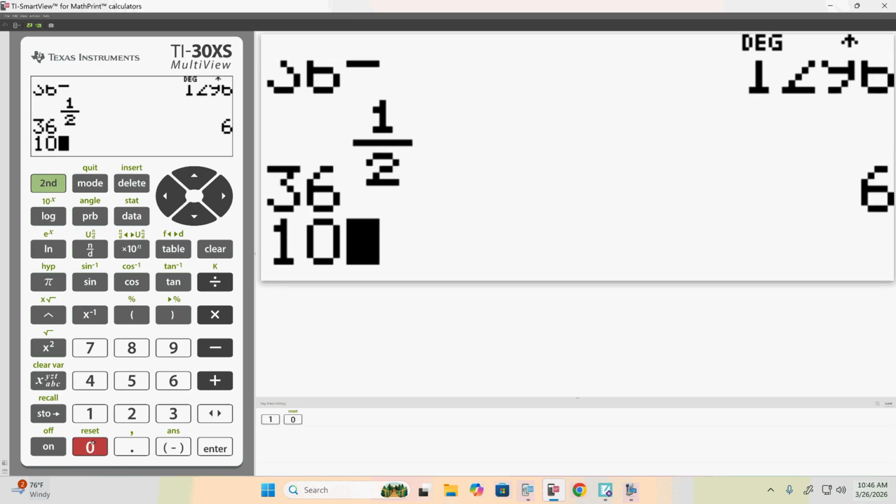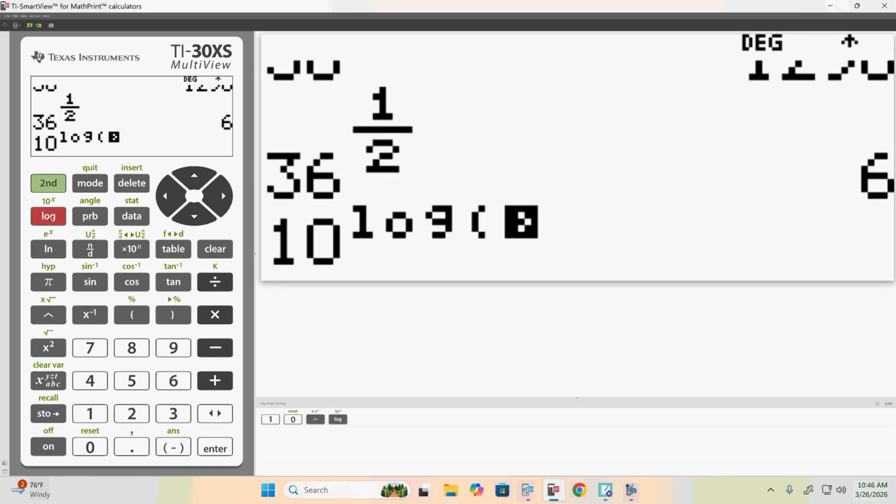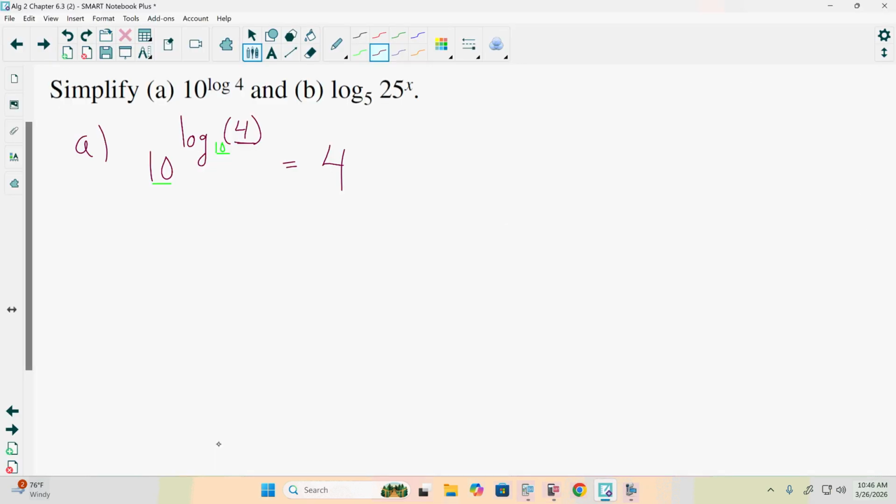They simplify each other out. And if we type this into the calculator, 10 to the log of 4, it will also tell us that it is indeed 4. And this becomes very helpful, especially if we do not have a number inside the log. So if I had changed it and said 10 to the log of x, this is saying it would also just be x.